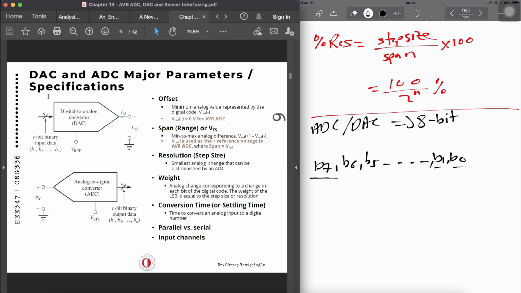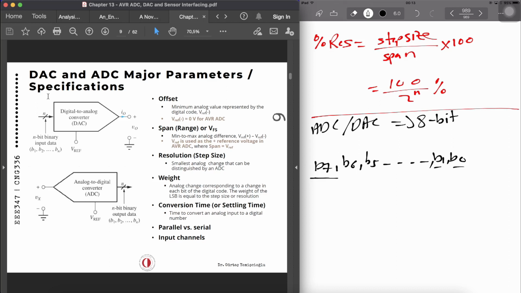When you get this value, it takes some time to settle down because you might have some distortions, you might have some noise. Normally these ADCs or DACs give this settling time as a parameter, like 100 nanoseconds, so you can have a reliable value to process after conversion. We have to take this into account.